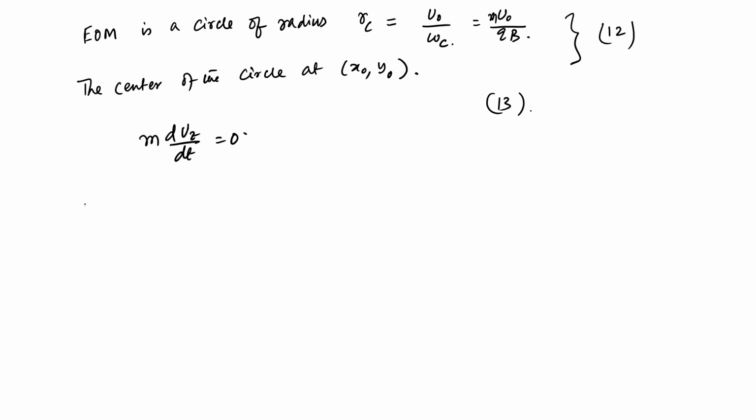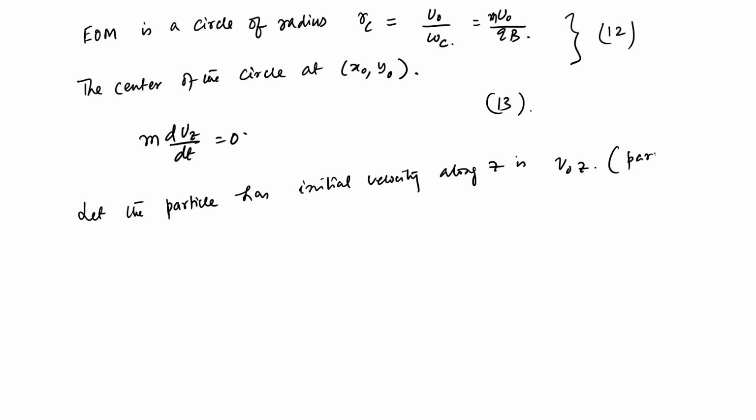Let us call the initial velocity along z as v0z, which is parallel to the direction of B, because B is purely in the z direction. So, this gives you z equal to v0z times t, where there is a uniform motion in the z direction.